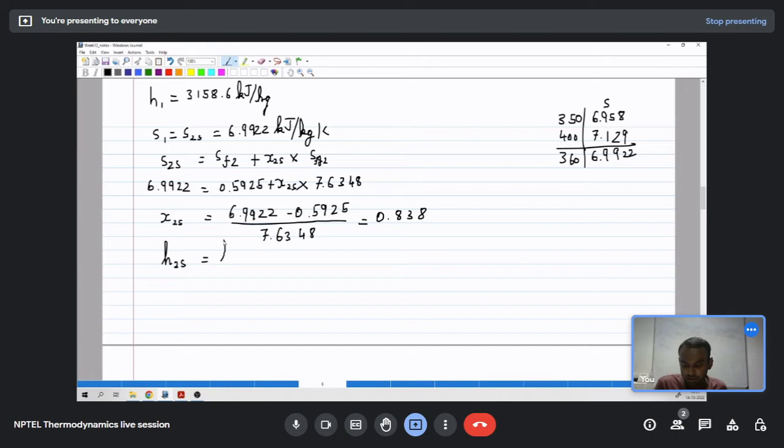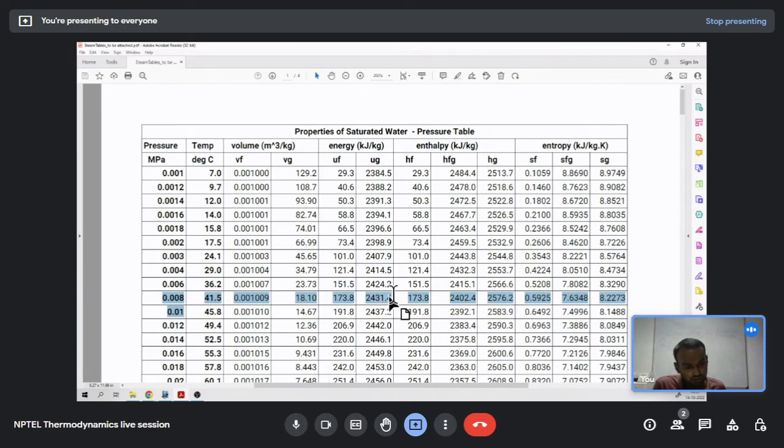So this is Hf2 plus the dryness fraction at this state multiplied by the latent heat of enthalpy Hfg for the second state. These values I can get from the steam tables. That is 173.8 and 2402.4.